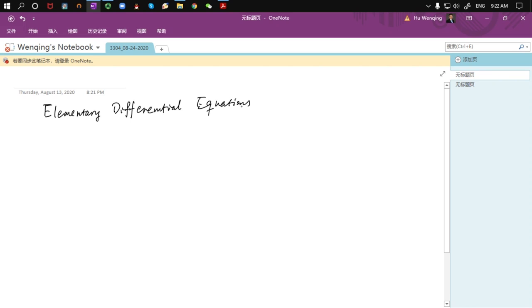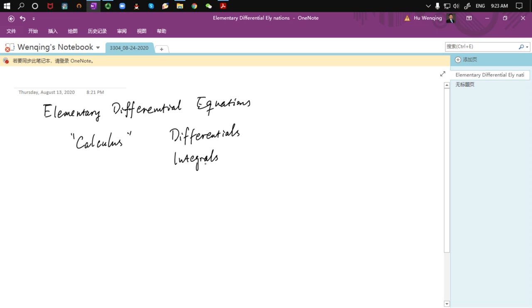I think everybody in this lecture has already taken a class on calculus, right? In calculus classes, you have been experiencing notions like differentials as well as integrals.